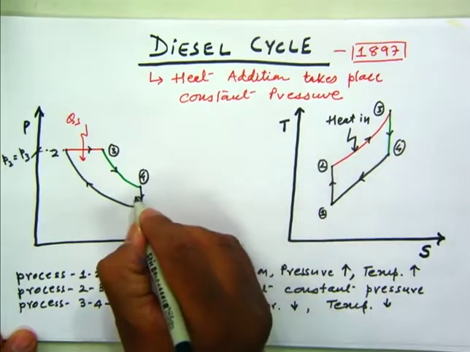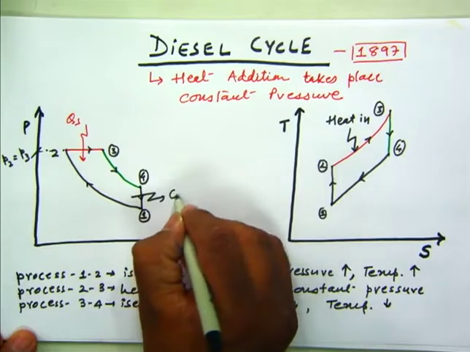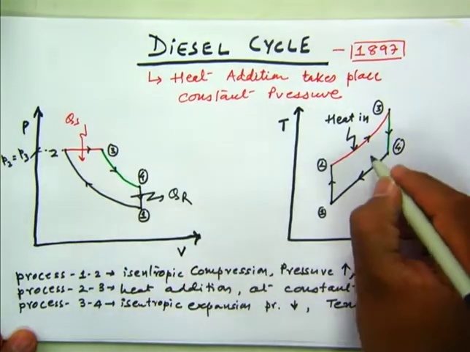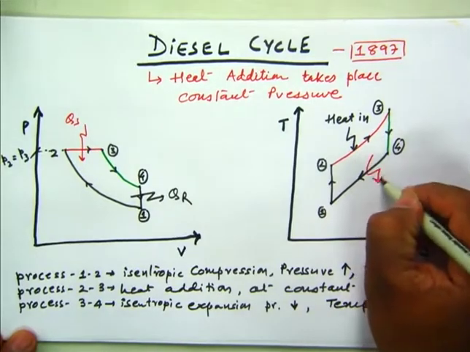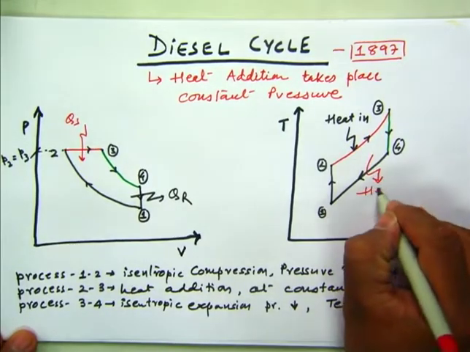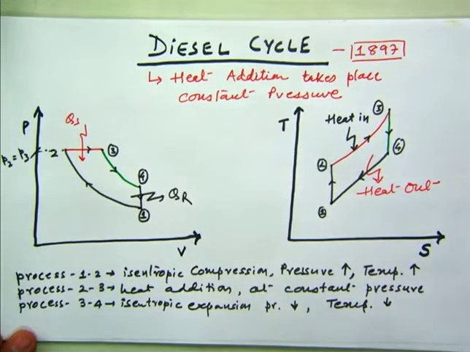Heat rejection takes place in process 4-1. Heat is rejected, heat out. Right.